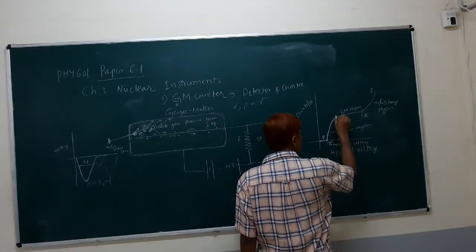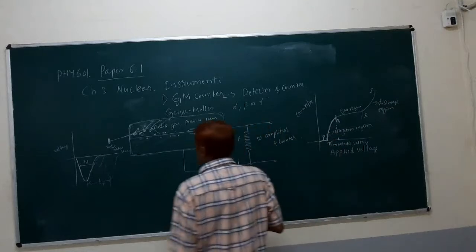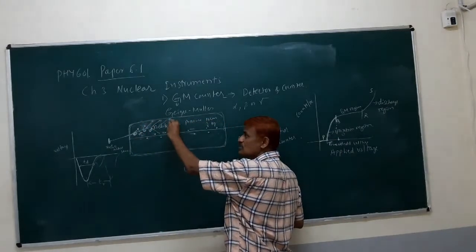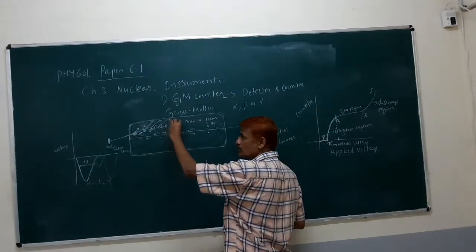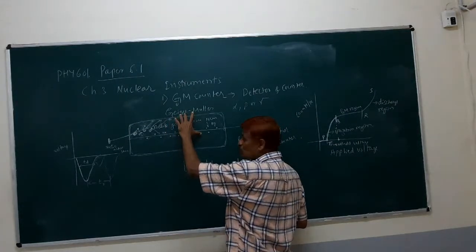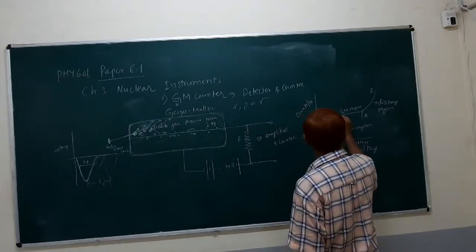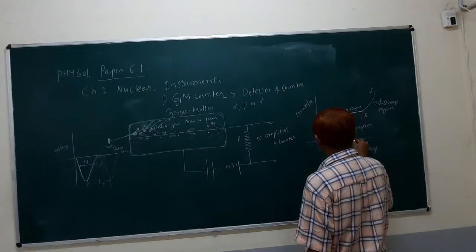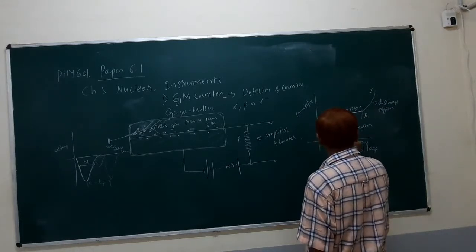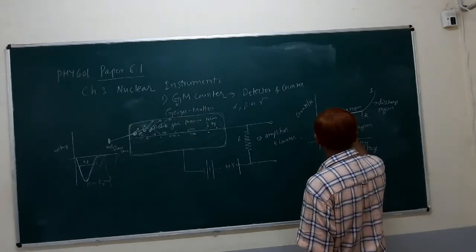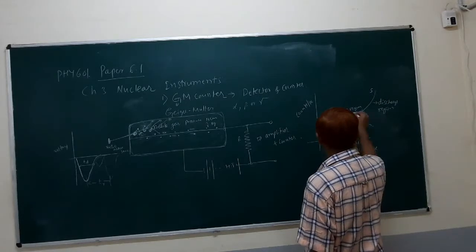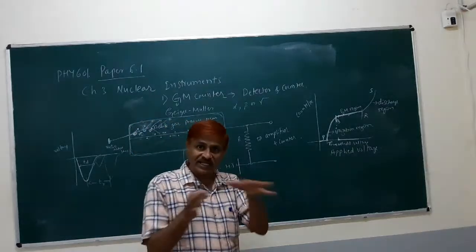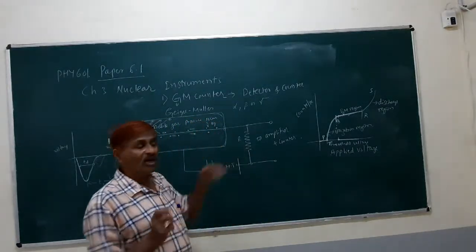Once you reach Q, what happens? This applied voltage is sufficient to attract all the ion pairs produced in the tube towards the electrode, and then the count is independent of the voltage. Whatever the voltage between Q and R, the counts remain almost the same, since it is a statistical phenomenon.